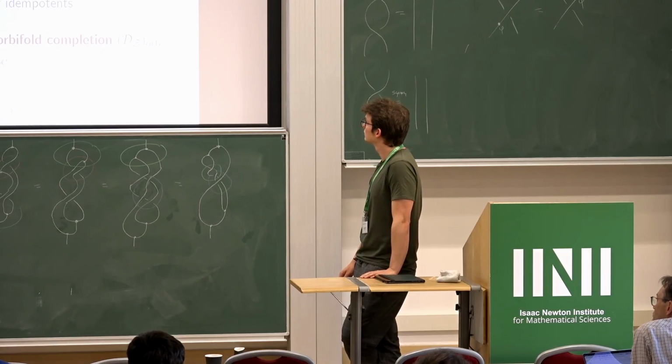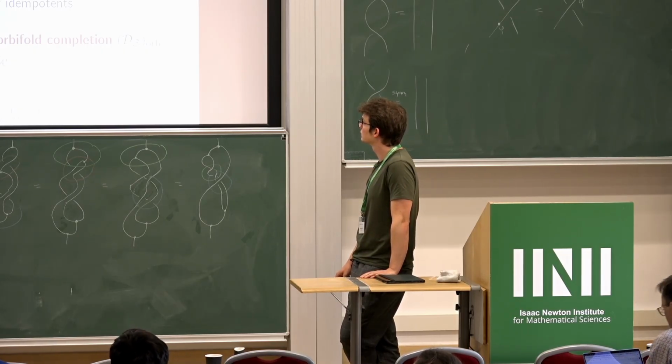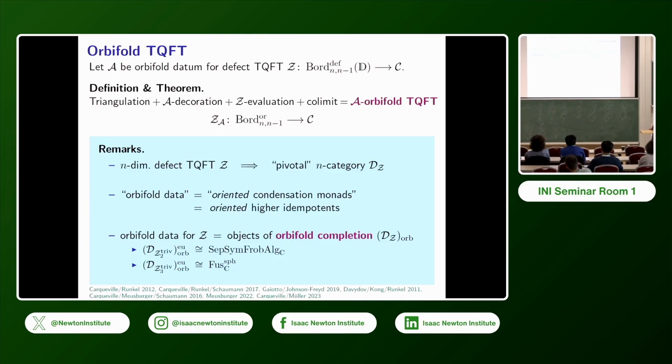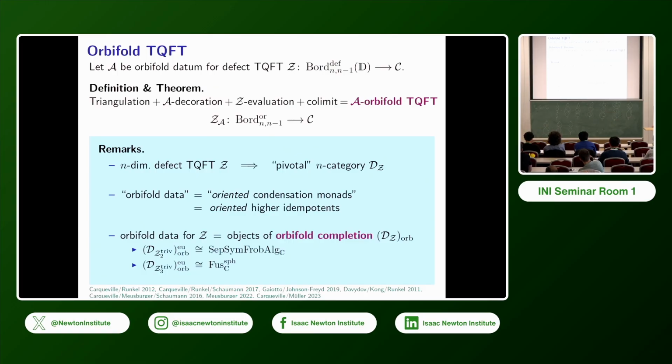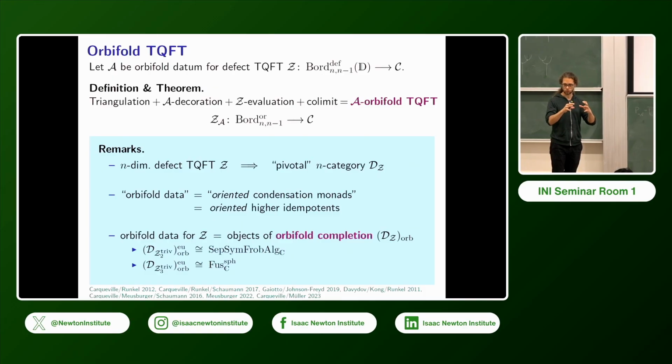So the higher category DZ is something that we can attach to the defect TQFT. The defect TQFT is everything I want to study when I want to study the defect TQFT. But we can extract part of what the defect TQFT knows in the form of this higher category. So just giving you that higher category is not enough to tell you everything about the defect TQFT, but it tells us what the defect TQFT does locally in a ball, in an n-dimensional ball.